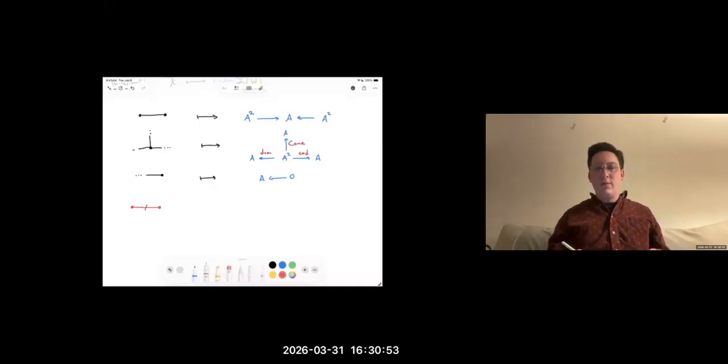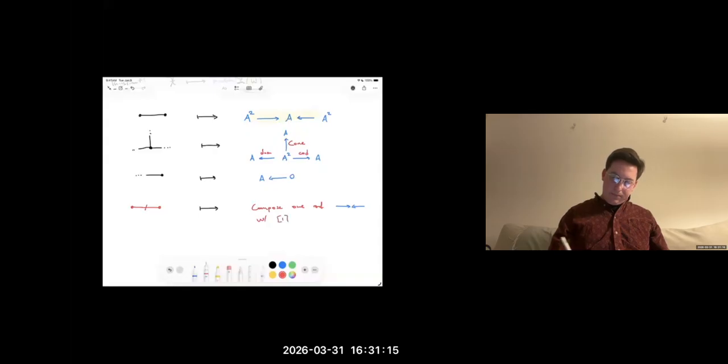Those edges which are marked with a slash follow the following procedure: you compose one of these arrows right here with one shift.